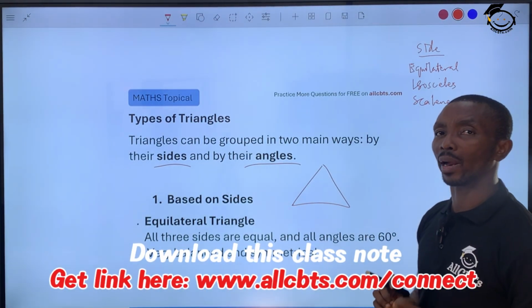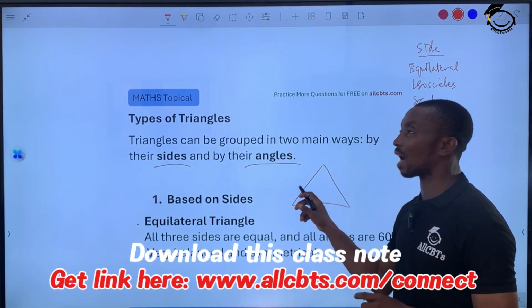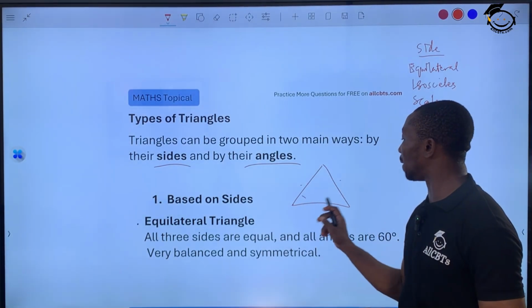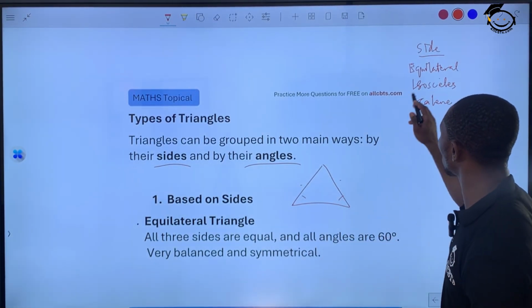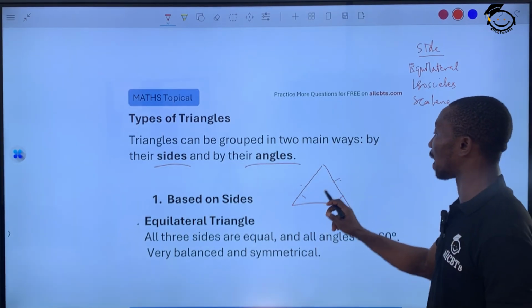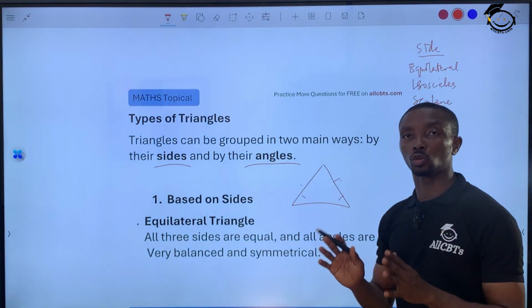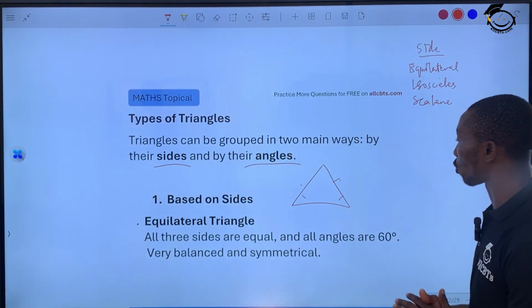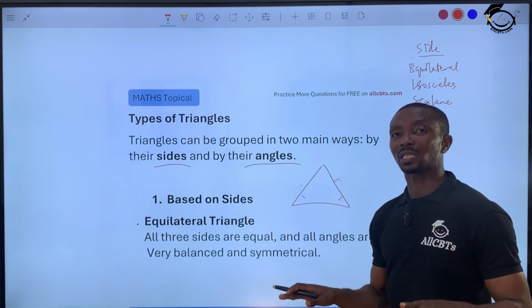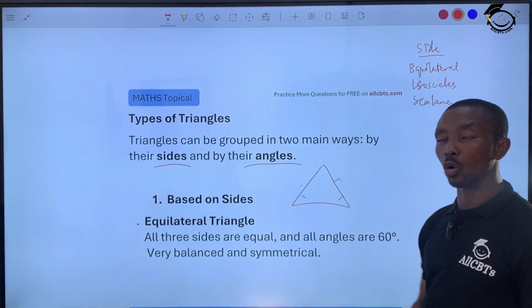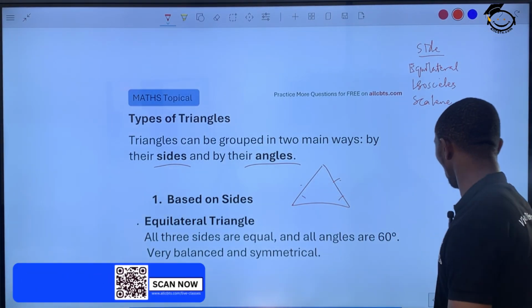Sorry, for the isosceles triangle, two sides are equal and the two base angles are equal. Now, for the scalene triangle, no side is equal and no angle is equal.